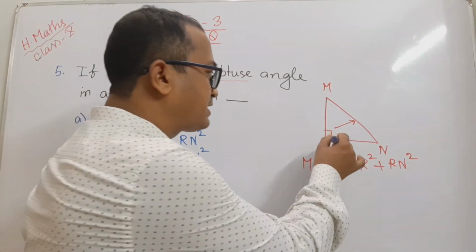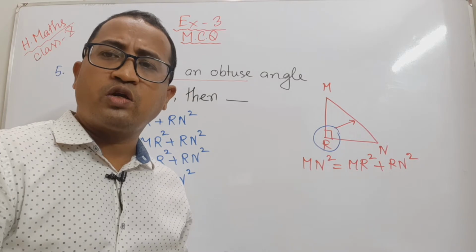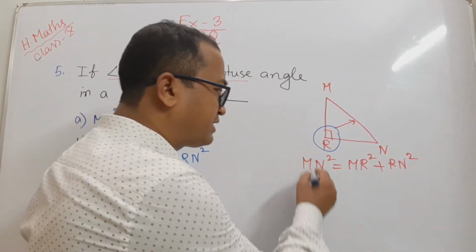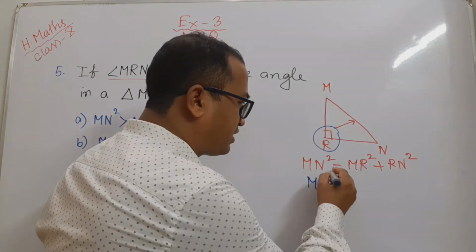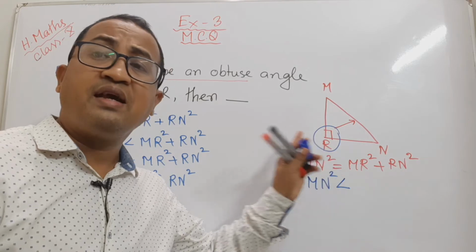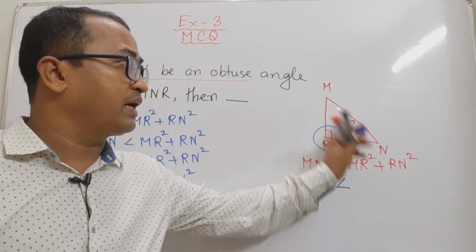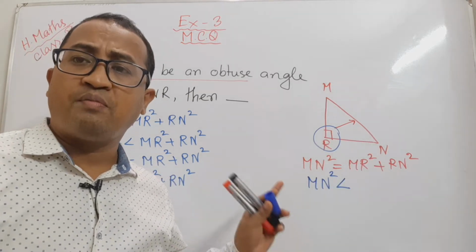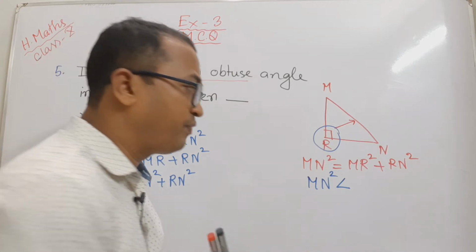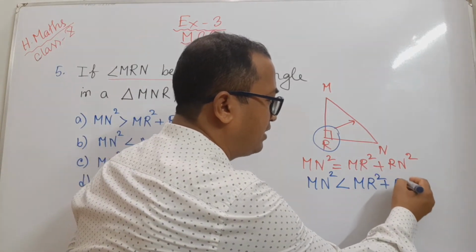But when this is an acute angle or an obtuse angle, what will it be? Then this equation will change. When it is an acute angle, MN square must be smaller. Keep it in your mind. When this is an acute angle, the opposite side MN, the MN square must be smaller than the sum of the other two squares, that is MR square plus RN square.